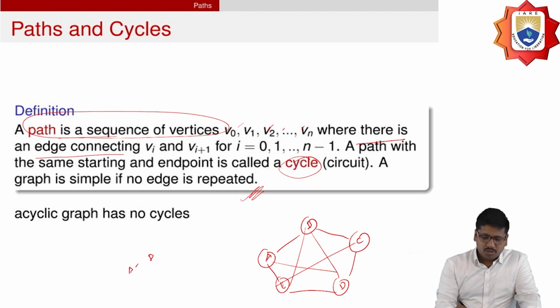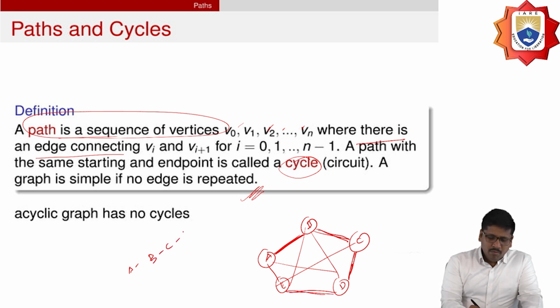I want to find it out. For that, I have this path: AB, BC, CD, D. So this is path 1.